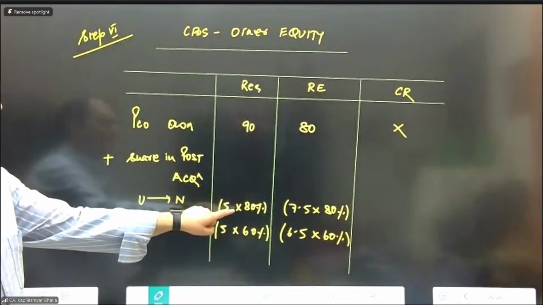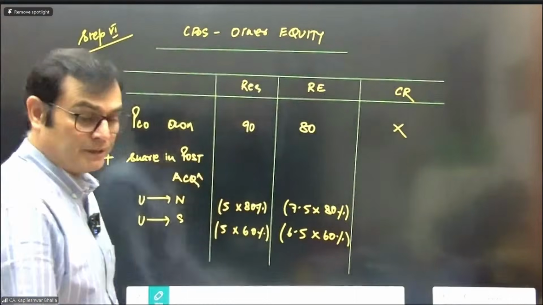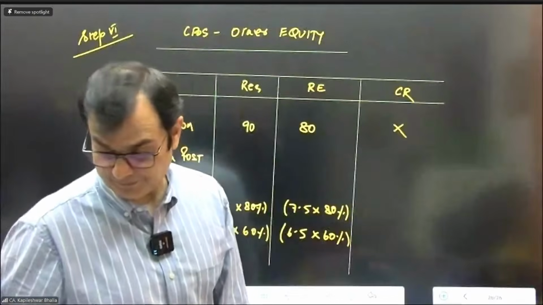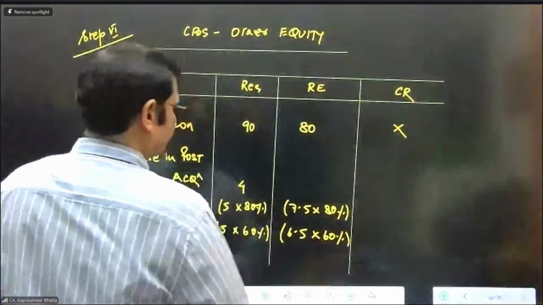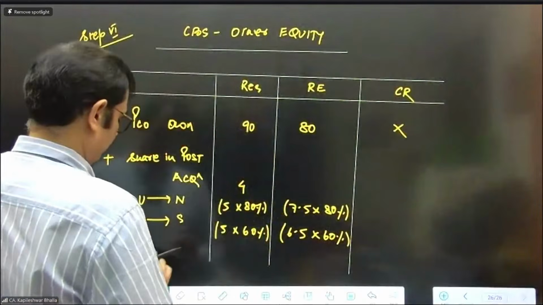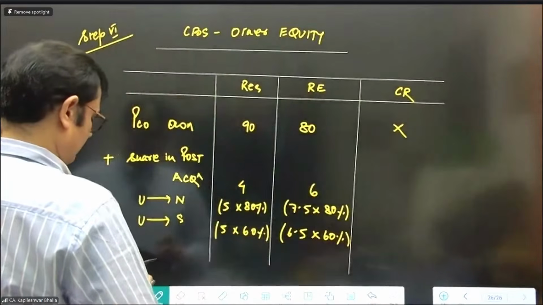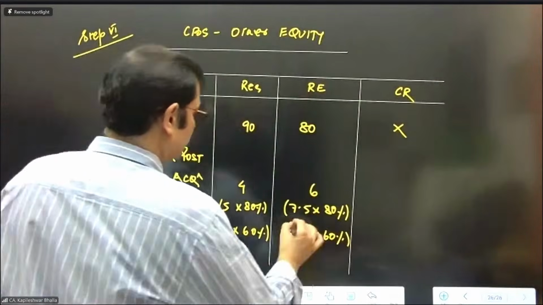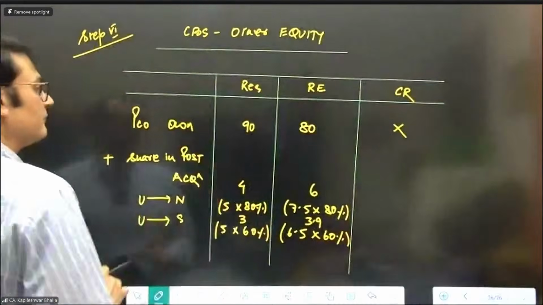So 80% Usha in Nisha and 60% Usha in Sandhya effectively. So this works out at 4, that's 6, that's 3.9, and that's 3.